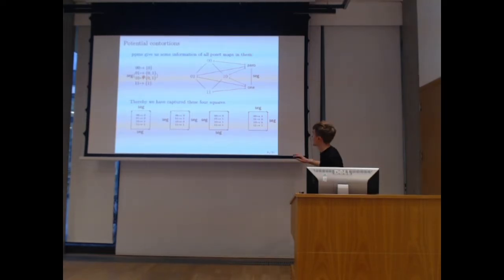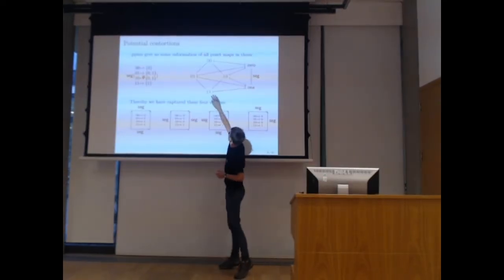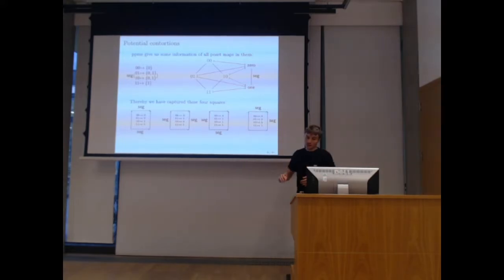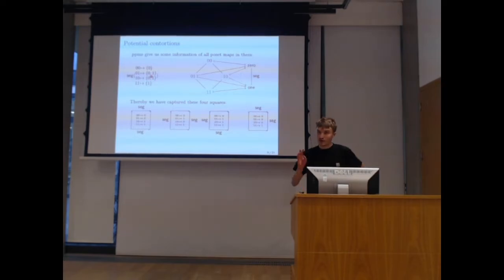So in this way we can depict this as, okay, this guy will be sent to 1, the topmost element will be sent to 0, and for the middle elements we don't know yet. And in this way, this potential poset map captures 4 poset maps, so we can choose these 2 values independently. So we have these 4 squares represented by this one potential poset map.